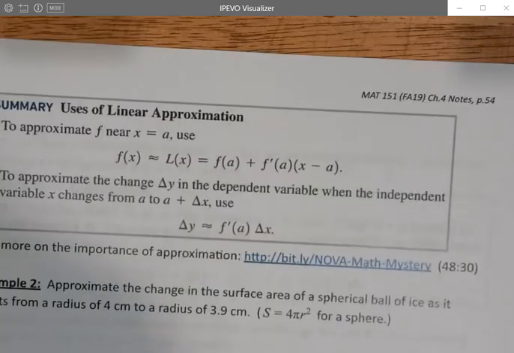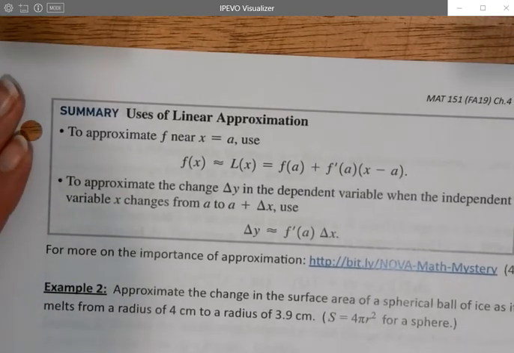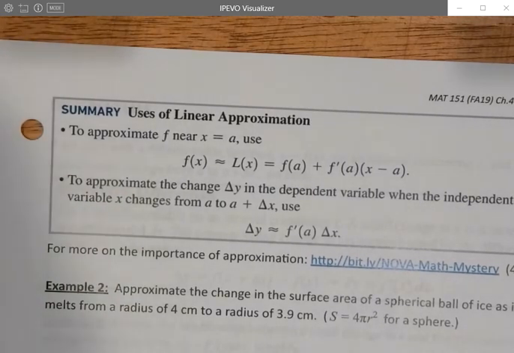And that gives us this summary right here of some uses of a linear approximation.